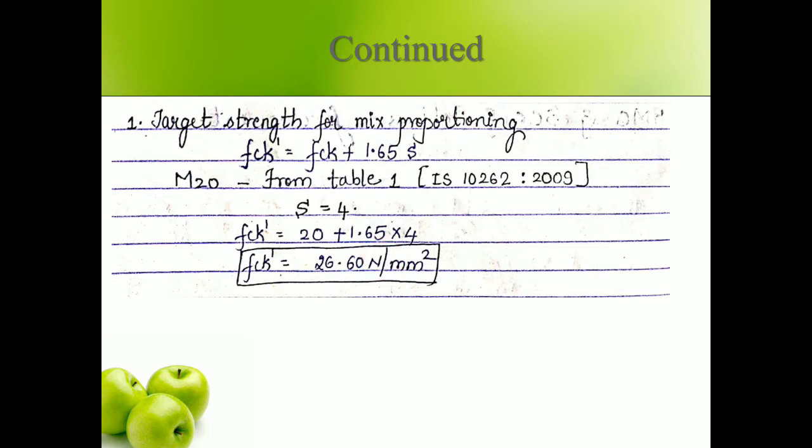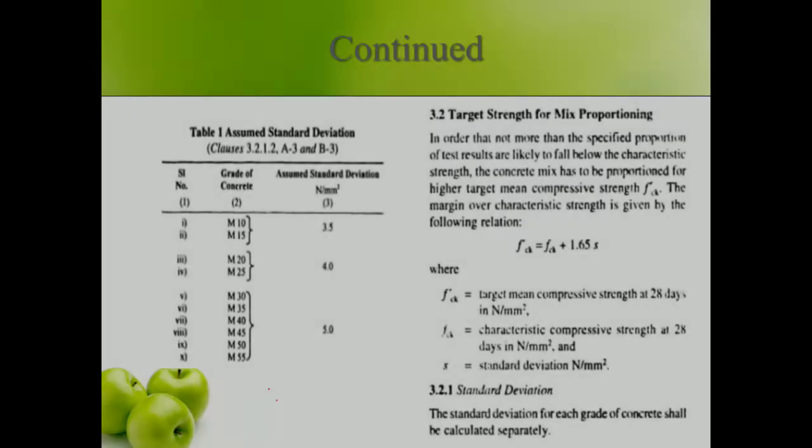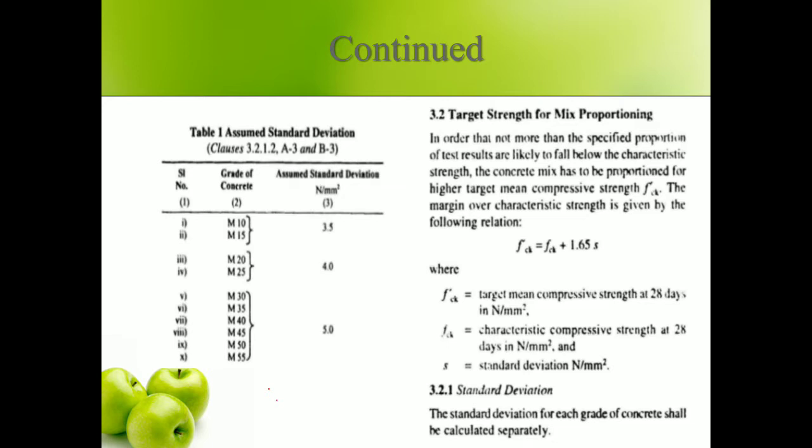This formula you will get from IS 10262 2009 using table number 1: F'ck equals Fck plus 1.65 S, where F'ck is the target mean strength for 28 days, Fck is the characteristic compressive strength for 28 days, and S stands for standard deviation.